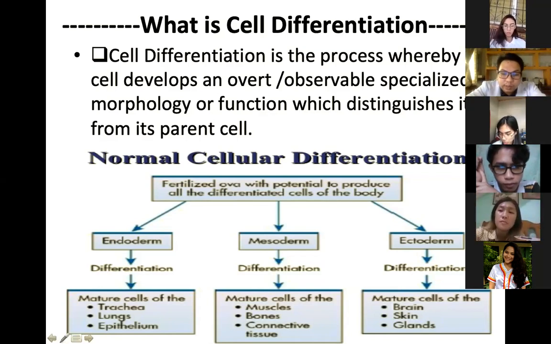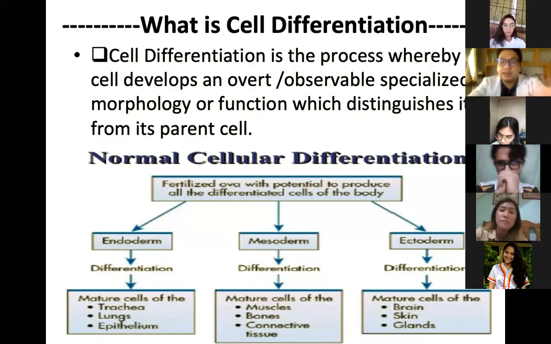From the mesoderm naman, dyan galing ang muscles, bones, and the connective tissues. And for the endoderm, dyan galing ang epithelium, and epithelium, class, ay yung inner epithelium. And then, the different organs or the intestinal organs or systemic organs ng body. Internal organs natin, dyan galing sa endoderm. Okay?